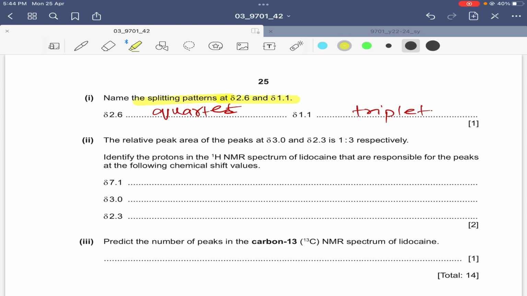All right, the relative peak areas of the peaks at chemical shift 3.0 and 2.3 are in the ratio 1 to 3 respectively. Identify the protons in the proton NMR spectrum of lidocaine that are responsible for the peaks at the following chemical shift values. So we have to identify the protons responsible for the given peak.